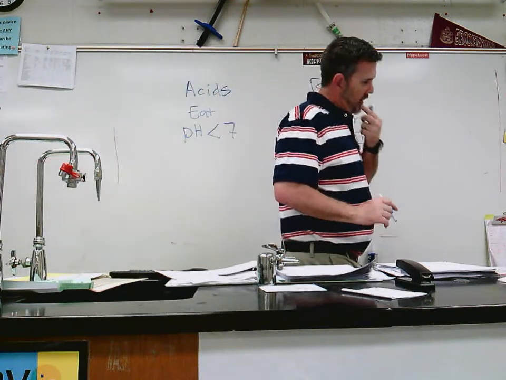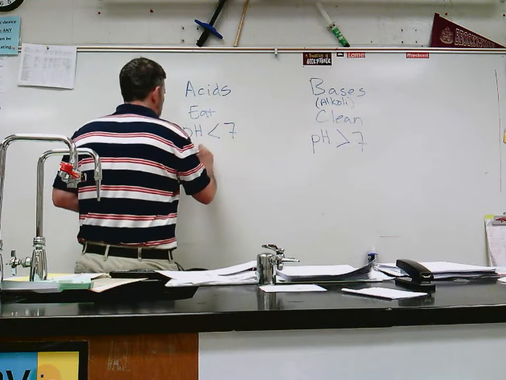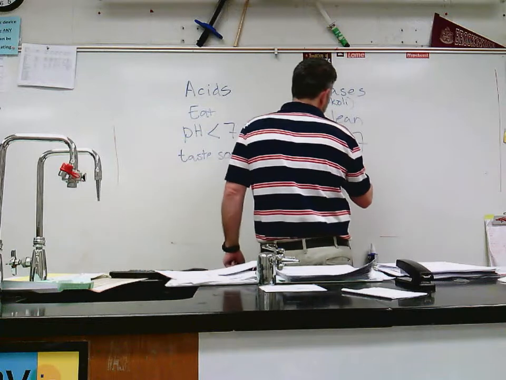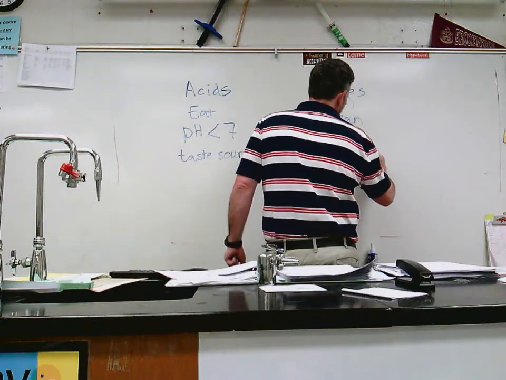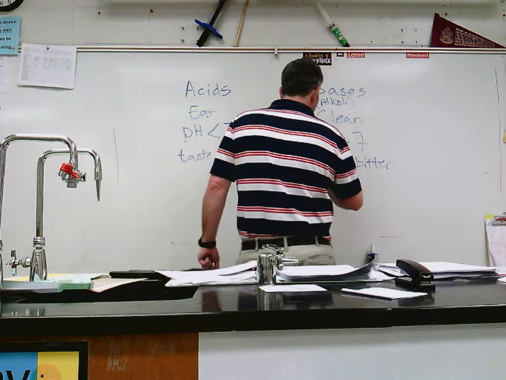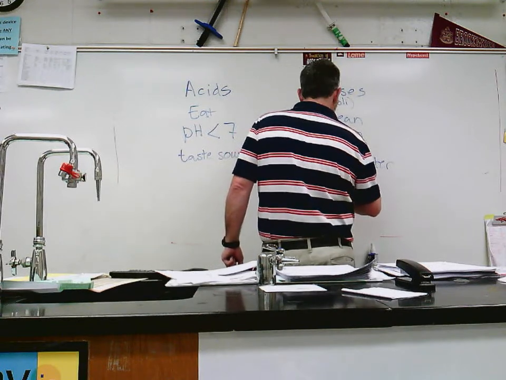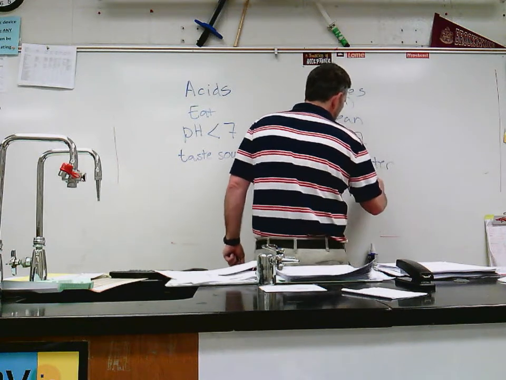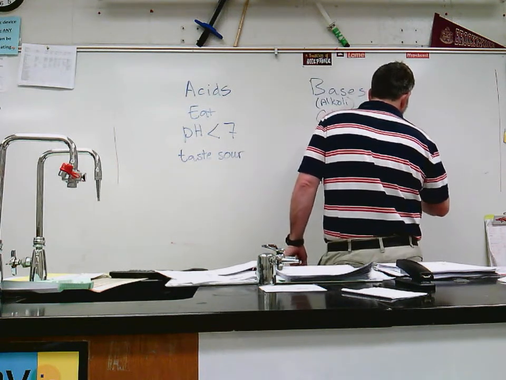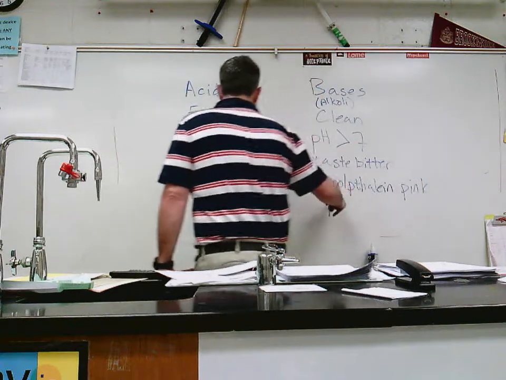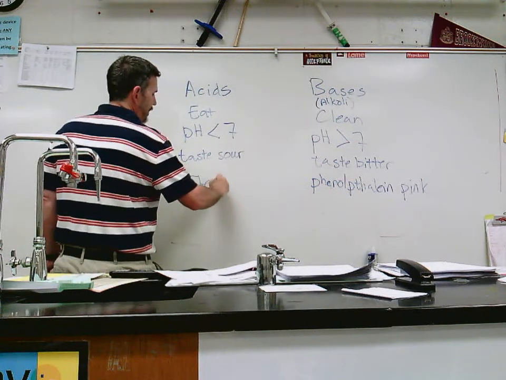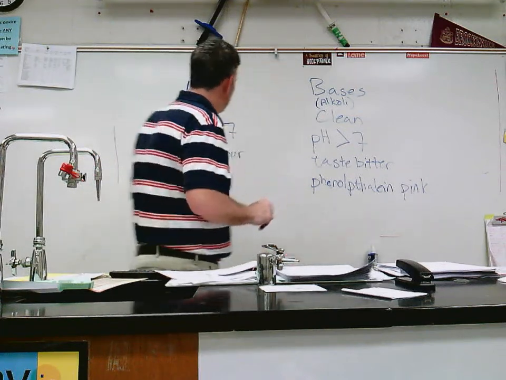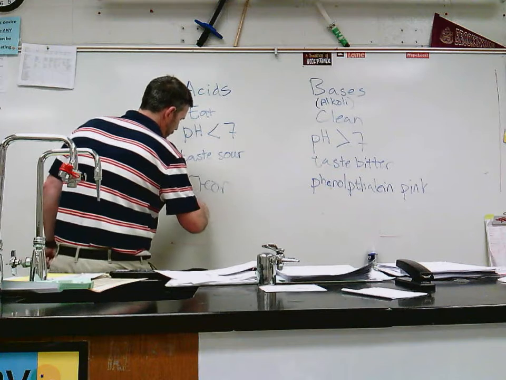Let's see. Acids taste sour. Bases taste bitter. Phenolphthalein turns pink in a base. I'm not writing that word again, so just know that it's clear in an acid. What else? Oh, they react with metals.